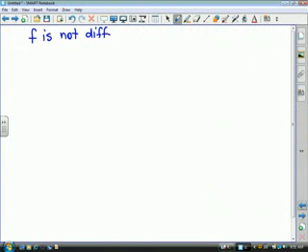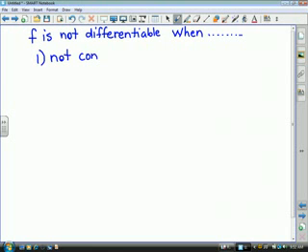Just find somewhere, you don't need a lot of room. Here is what you look for if it's not differentiable. The first one is when it's not continuous. If it's not continuous, automatically not differentiable.